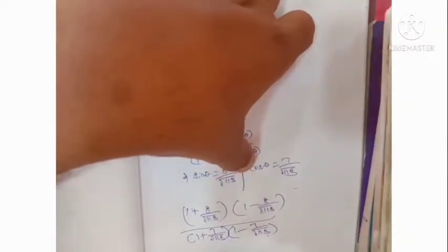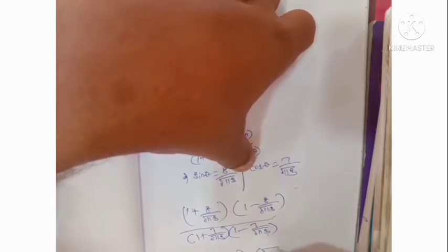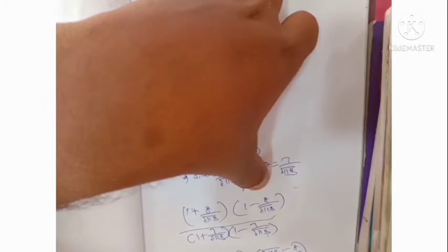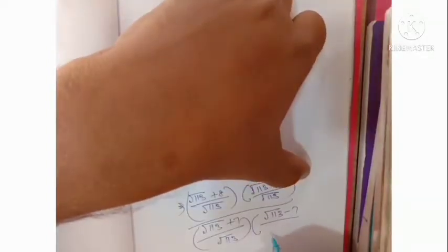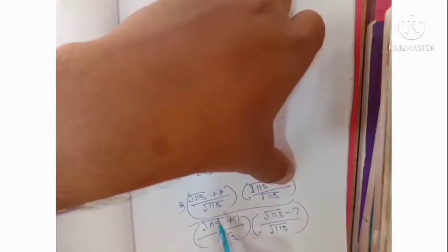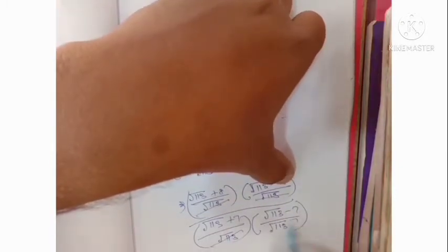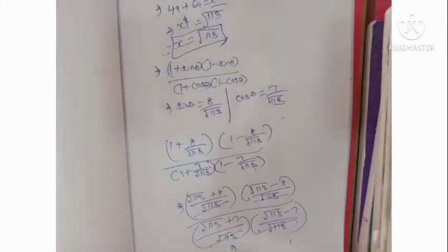Just first cross multiply. Root 113 plus 8 by root 113 into root 113 minus 8 by root 113, LCM down also. Root 113 plus 7 by root 113 into root 113 minus 7 by root 113. The root 113s cancel.